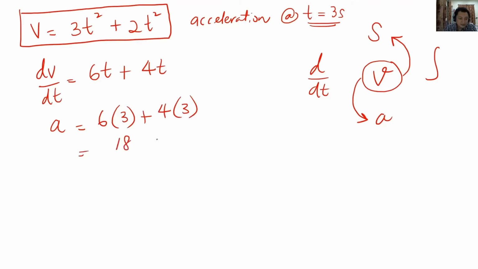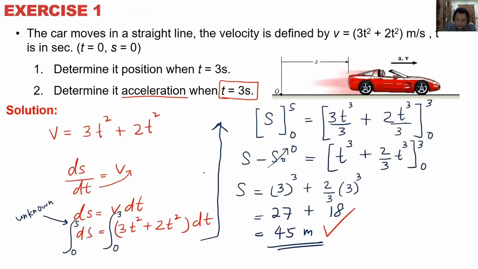So this one becomes 18 plus 12. What do you get? 40? No, 30. 18 plus 12 is 30. What is the unit? Meter per second squared. What was the previous unit? This is meter, correct.